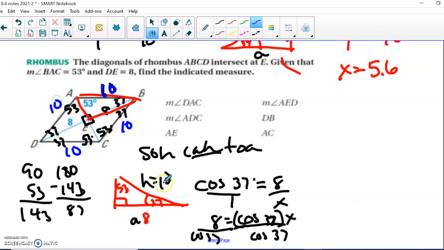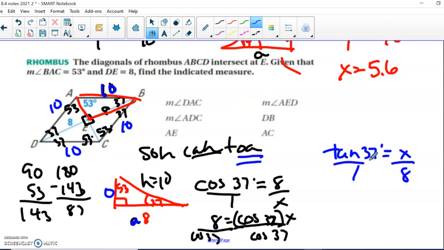And all we need now is the other diagonal. So from the 37, let's call that opposite. We now know the hypotenuse is 10, or we could just use the adjacent, which is given. I'm going to go ahead and use the one that's given. So opposite adjacent, that's tangent. So I'm going to say tangent of a 37-degree angle equals opposite over adjacent.